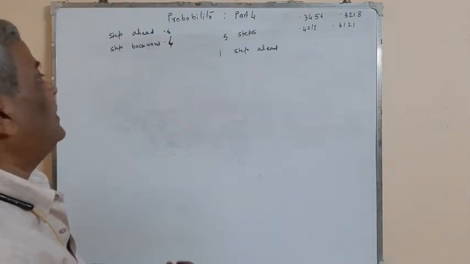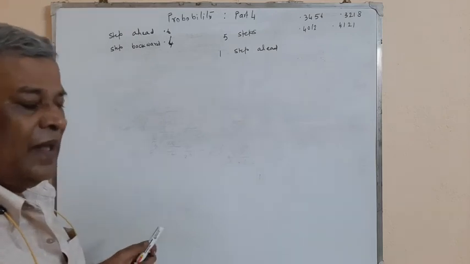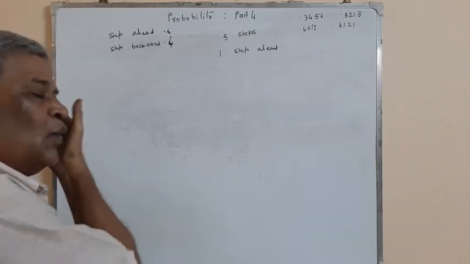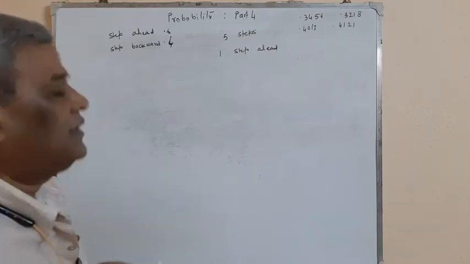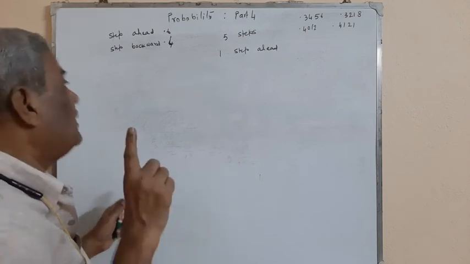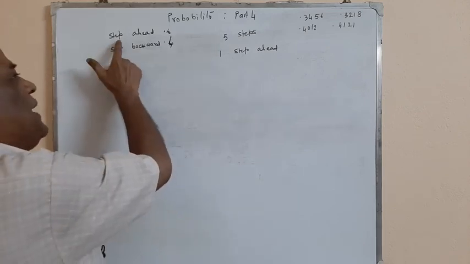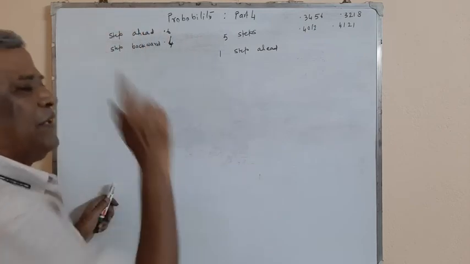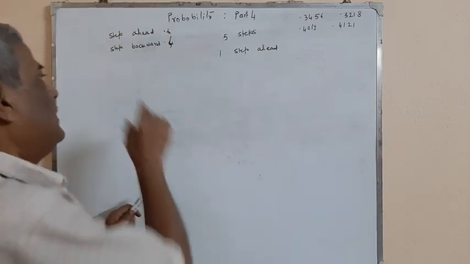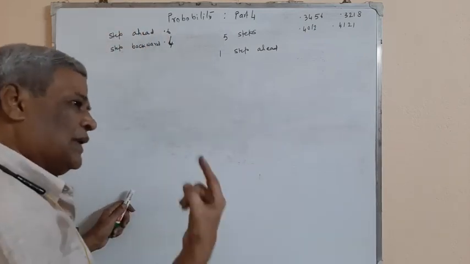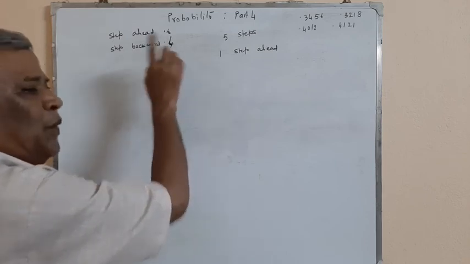Actually, the problem is one man is moving. He will take one step ahead, its probability is 0.6. And he will go one step backward, the probability is 0.4.